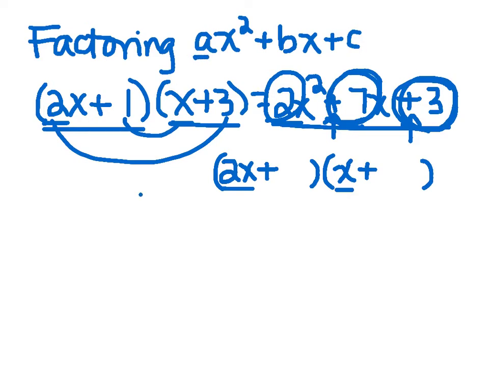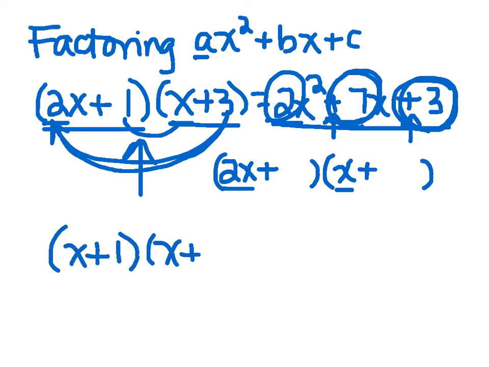What we see if we look back to our initial problem is that our 3 was multiplied by 2, making it 6x instead of just 3x, as it would have been had I been multiplying x plus 1 times x plus 3. That's what we've been doing all this time.